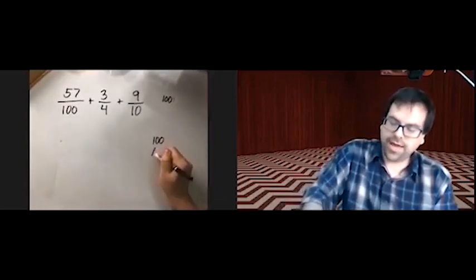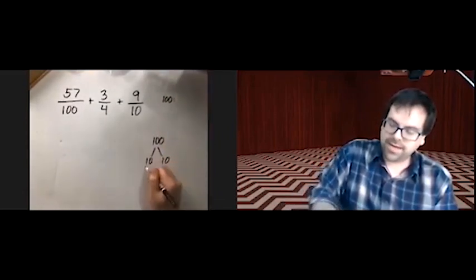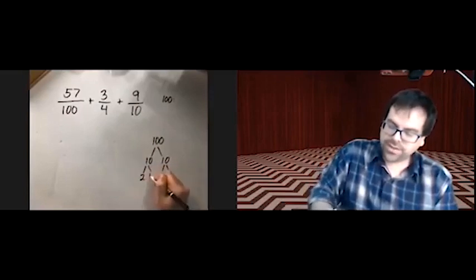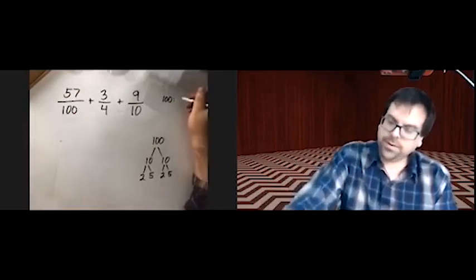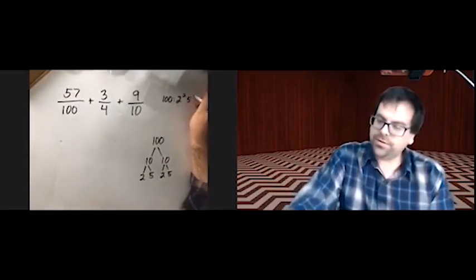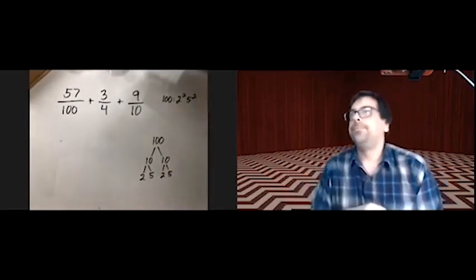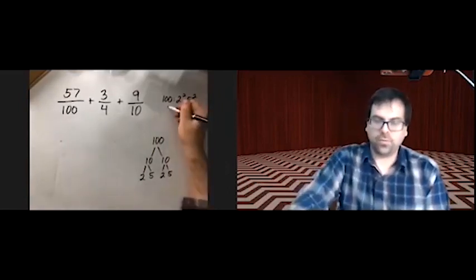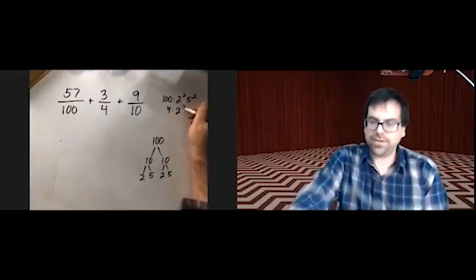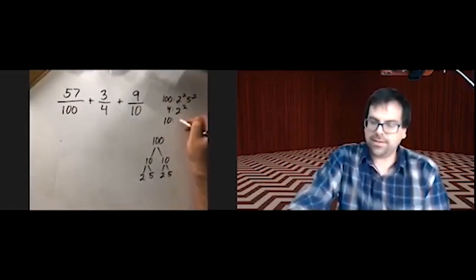We look at the factor tree, that's 10 times 10. Each of those 10s is 2 times 5. 100 is 2 squared, 5 squared. 4 is 2 squared. 10 is 2 times 5.